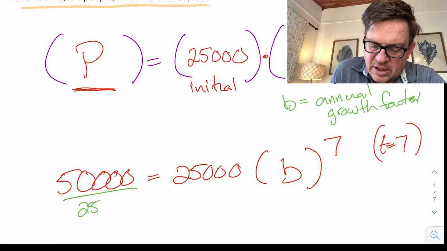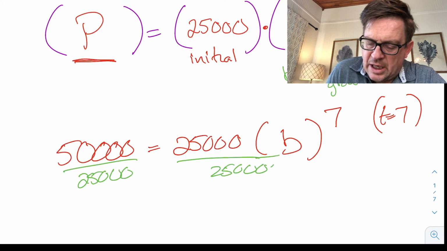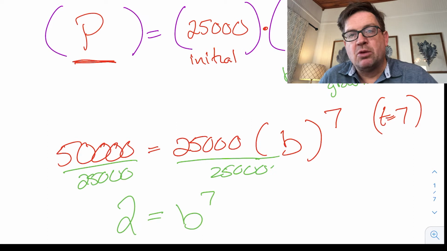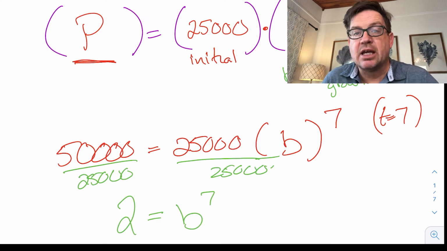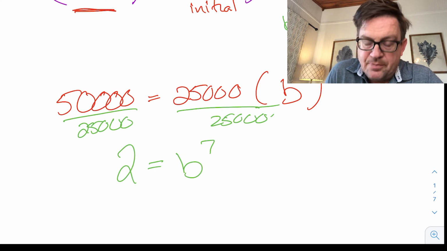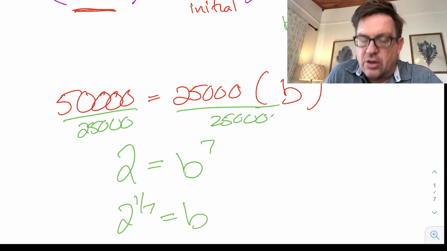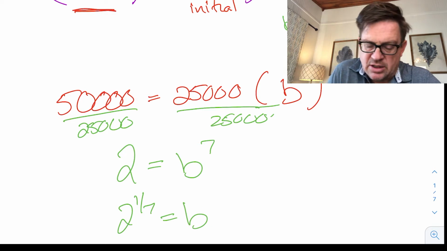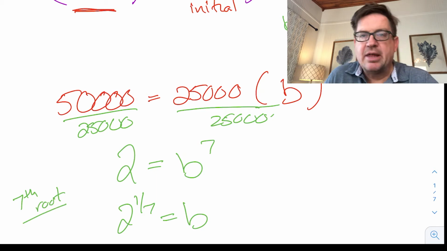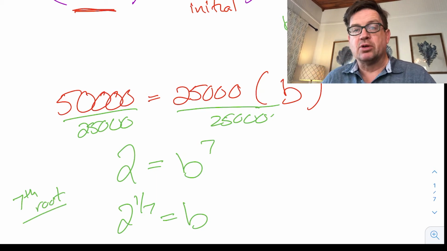Divide by 25,000, divide by 25,000, and we get doubling in something that we multiply 7 times to get the equivalent of doubling. So that's b to the 7th is 2, and the way we answer that is to take the 7th root of that, the 1/7 power of that. And that's exactly what a calculator is designed to do, to find these fractional exponents.